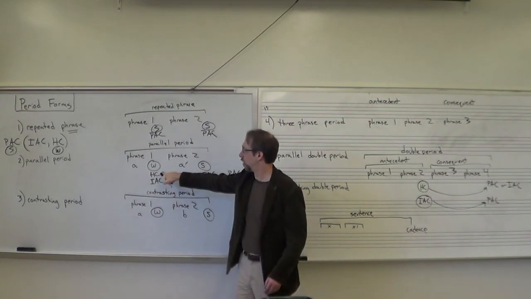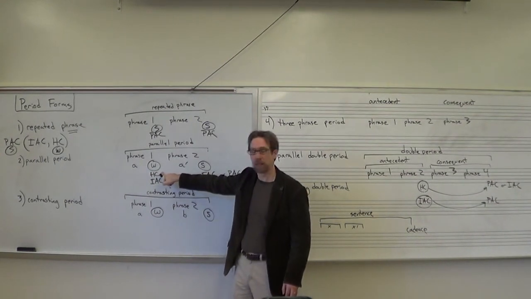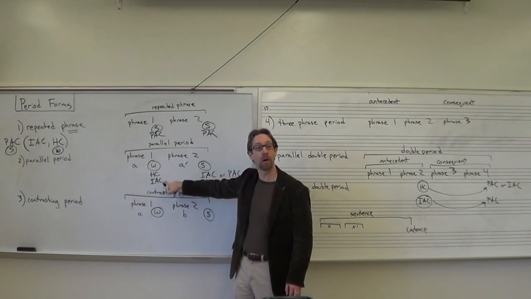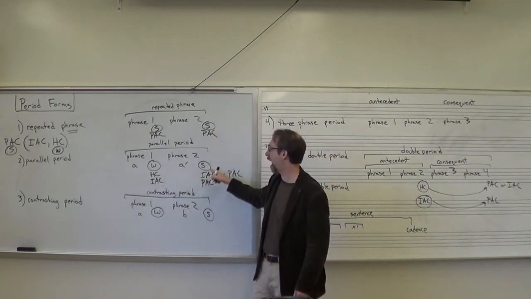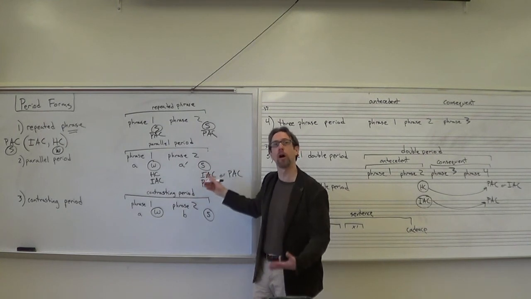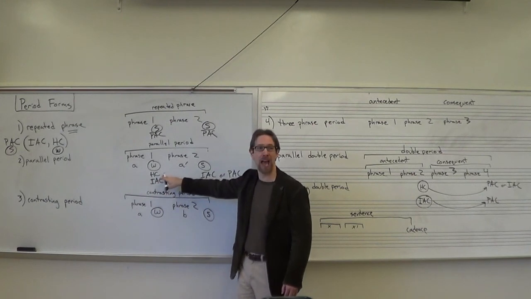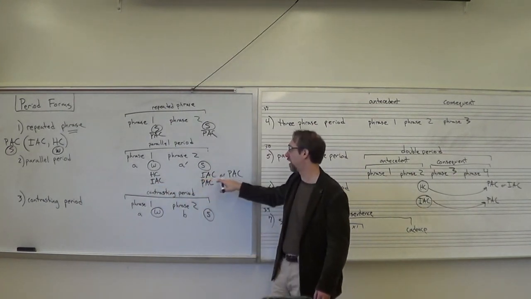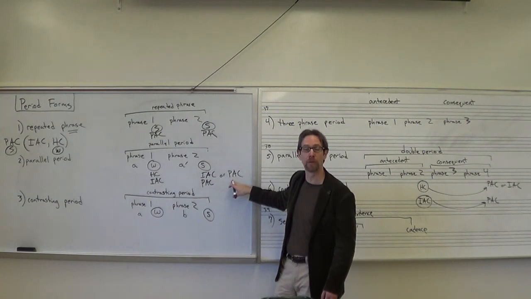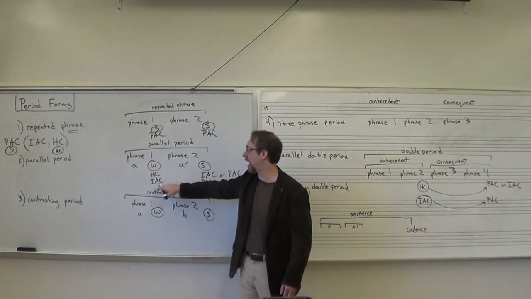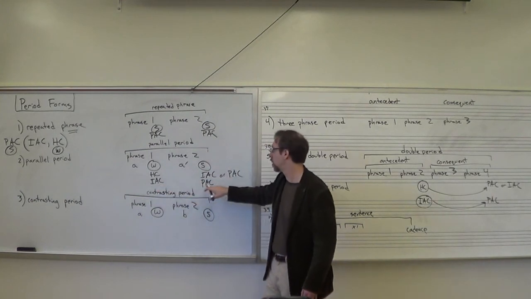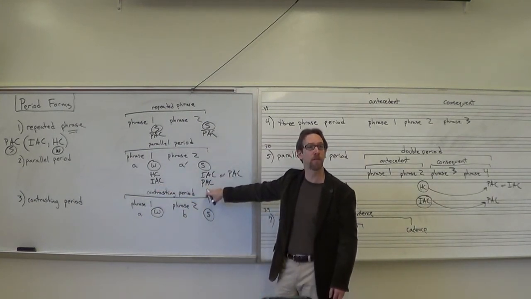So your weak cadence is either going to be a half cadence or an imperfect authentic cadence. Both of those are options for the end of a phrase. Whatever happens in phrase 2 has to be a stronger cadence than what you had at the end of phrase 1. So again, if you had a half cadence, you could go to an imperfect authentic cadence or a perfect authentic cadence. Both of those are stronger. If phrase 1 ends in an imperfect authentic cadence, you have to end phrase 2 in a perfect authentic cadence, because that's the only one that's stronger.